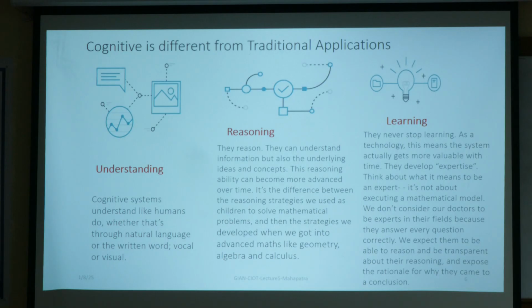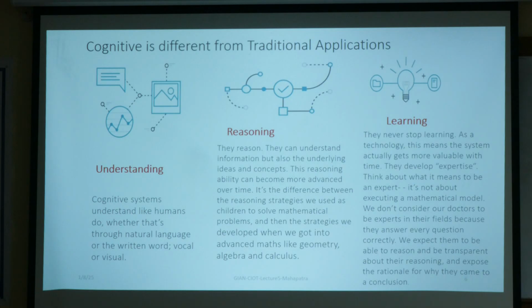Just like a child after birth learns, reasons, and keeps building their cognitive ability, sometimes throughout life, we do that. In the same way, you design a cognitive system that should do exactly the same. It's not that you design something, it learns, and then it's done.